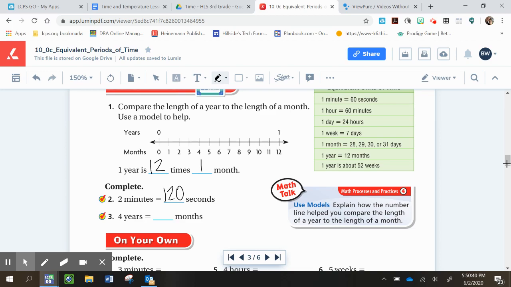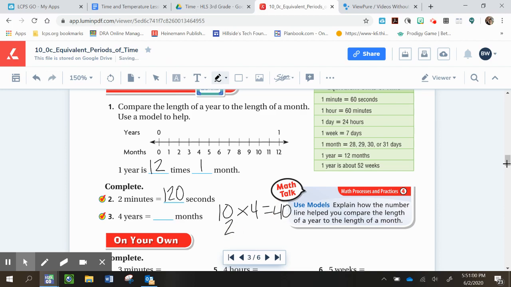4 years is how many months? Well, we know that 1 year is 12 months. So we have to do 12 times 4. We can break that up and do 10 times 4 equals 40.